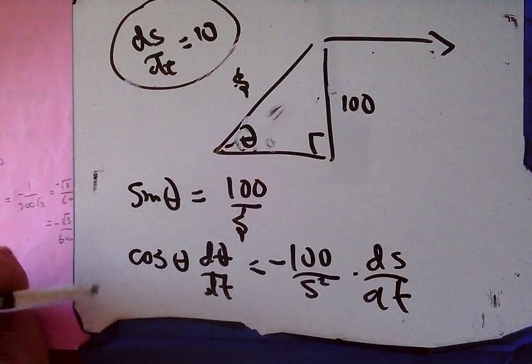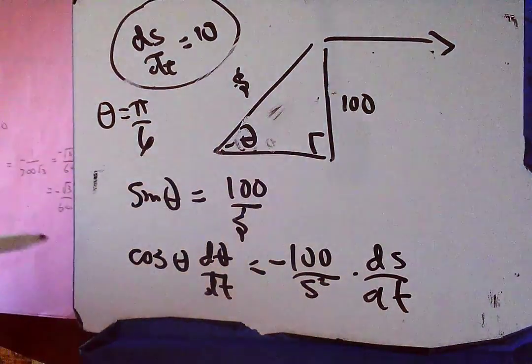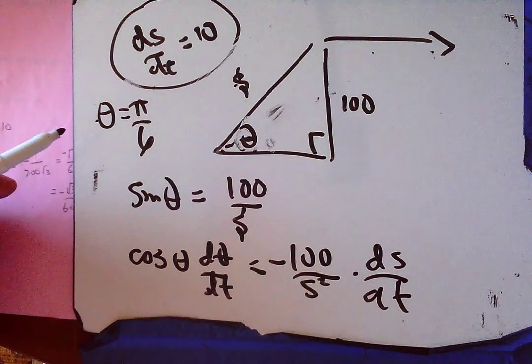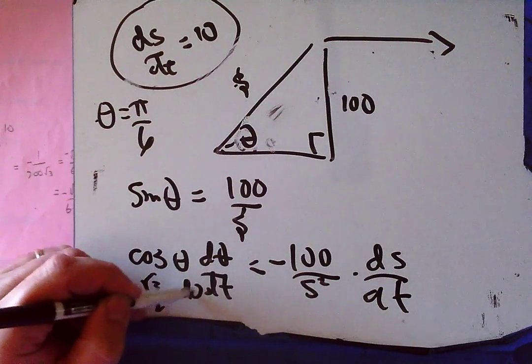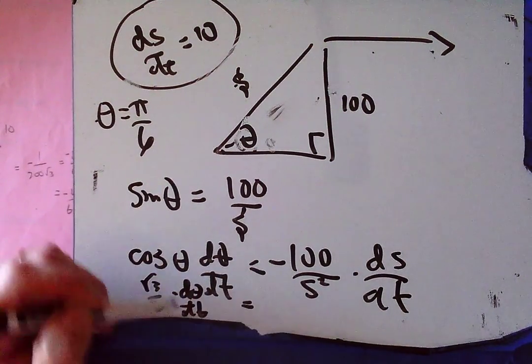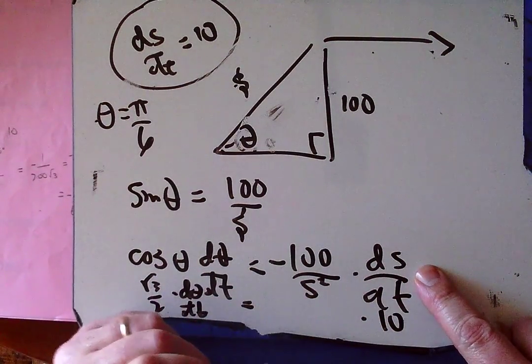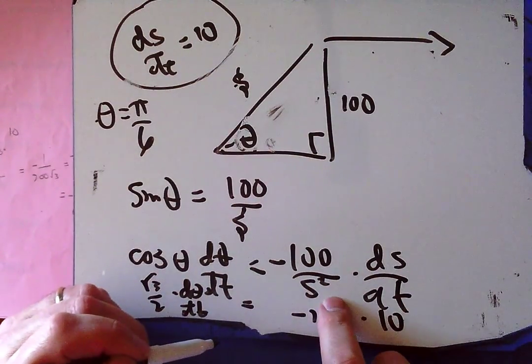We know theta equals 30 degrees or pi over 6. So cosine of pi over 6 is root 3 over 2 times d theta dt equals negative 100 over s squared times ds dt, which is 10. What about s?